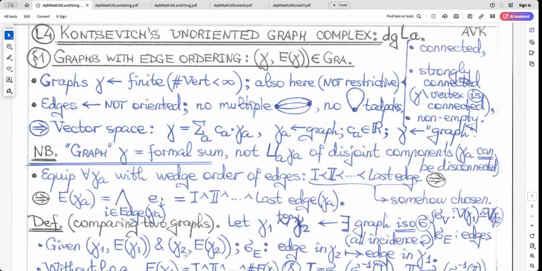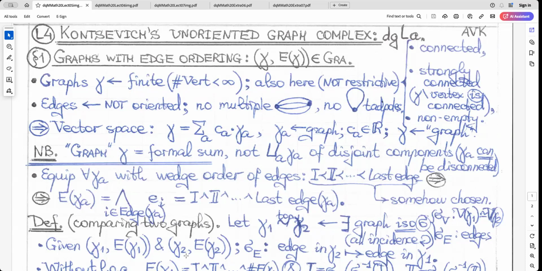It means that with one and the same graph, if we swap the order of two edges, now second goes in front of the first, we get a minus sign. So every time we swap two edges in the wedge product, we get a minus sign in front of the entire graph.